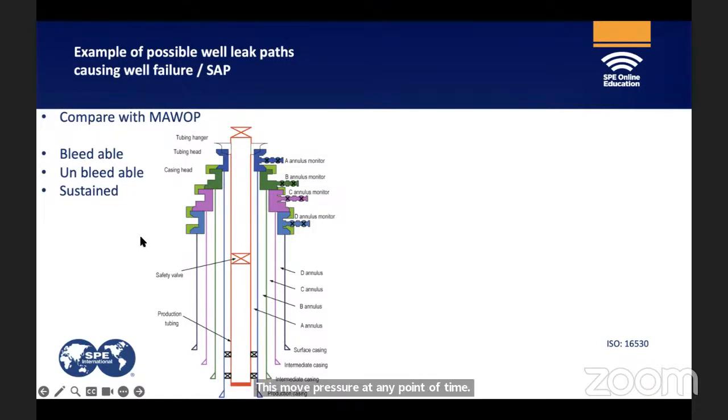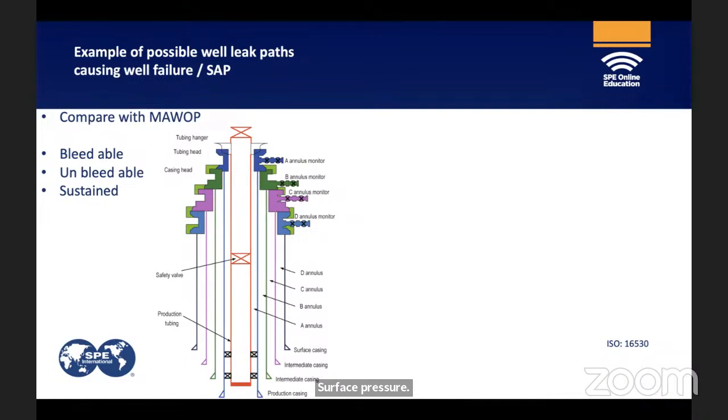API and ISO have their own different recommendations, but as calculation, when we calculate for any envelope like the A annulus envelope or B annulus envelope, we calculate MASP, which is maximum allowable surface pressure.